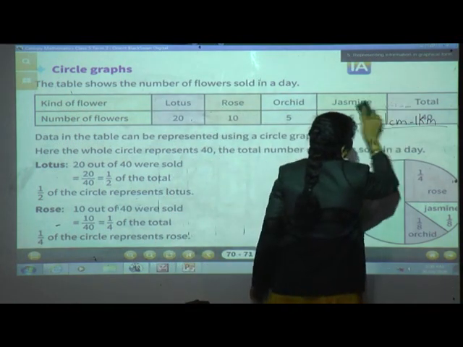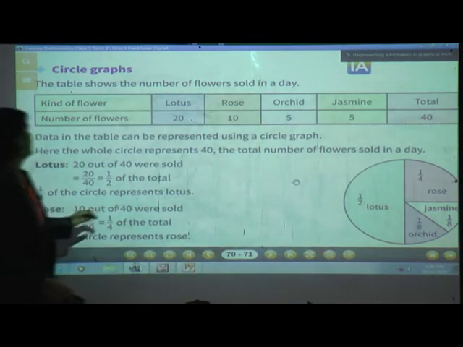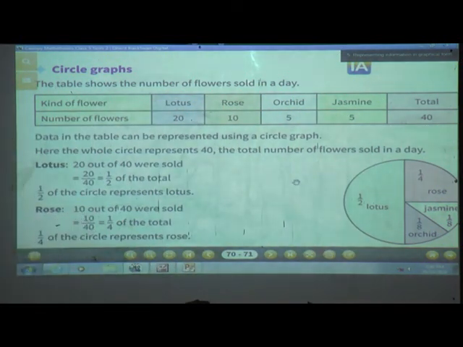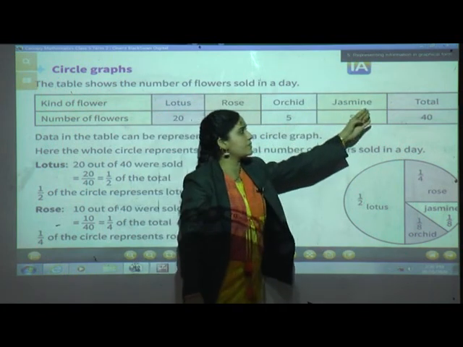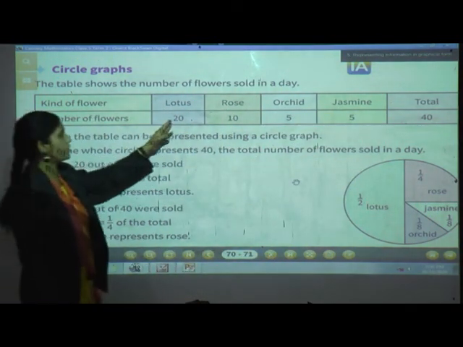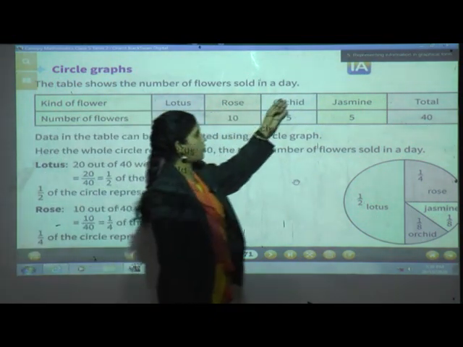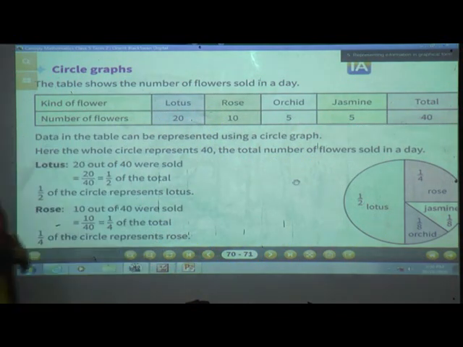This is also one type of a graph. See, kind of flower and number of flowers. Here lotus, rose, orchid, jasmine and total, and the number of flowers are 20 lotus, 10 rose, 5 orchids, 5 jasmines, and the total is equal to 40.